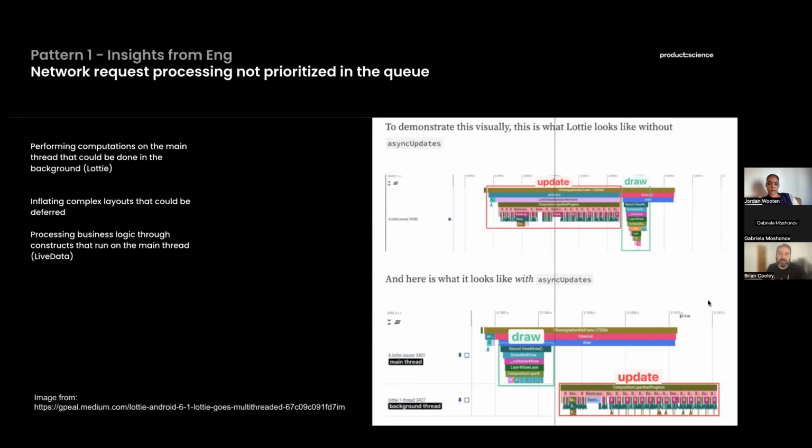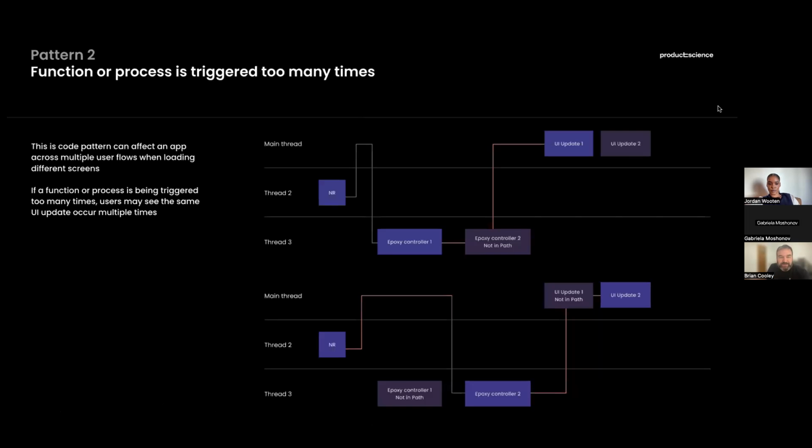So you can see here in the image that the update is several times larger than draw. And the improvement in the latest Lottie release was to move that to a background thread. Now, it did introduce some complexity in having to deal with concurrency and locks and that sort of thing. But the end result for the user is much better, because now the main thread has a lot of cycles that are free for it to do the important work of updating the screen and interacting with the user. Let's go on to the next pattern.